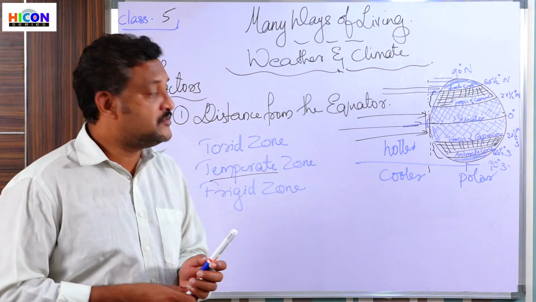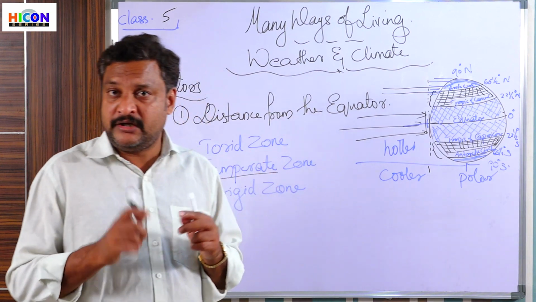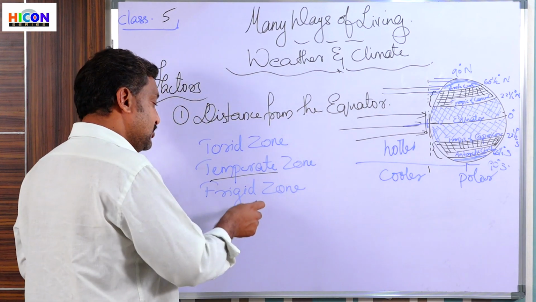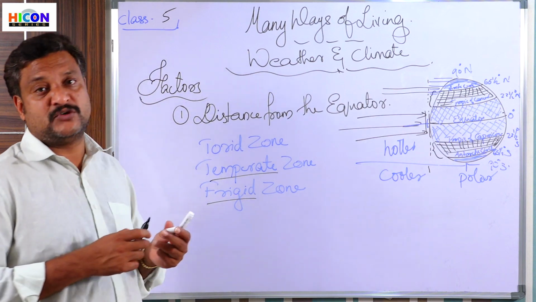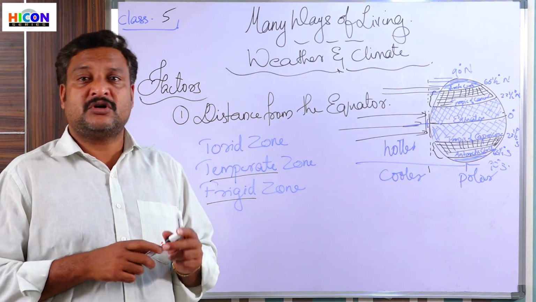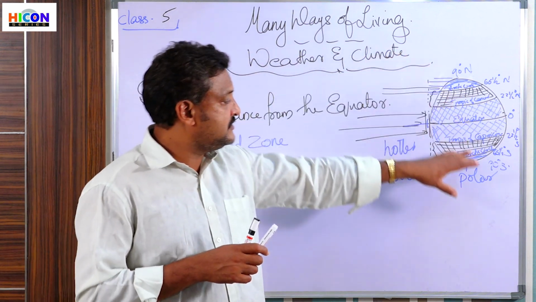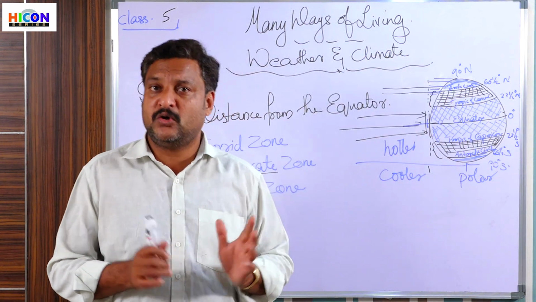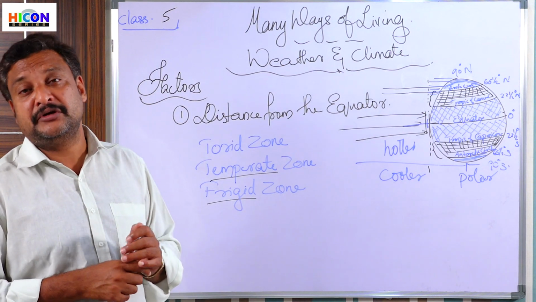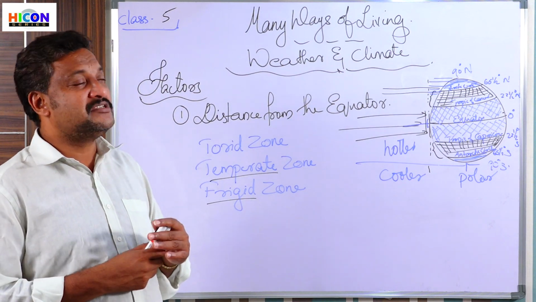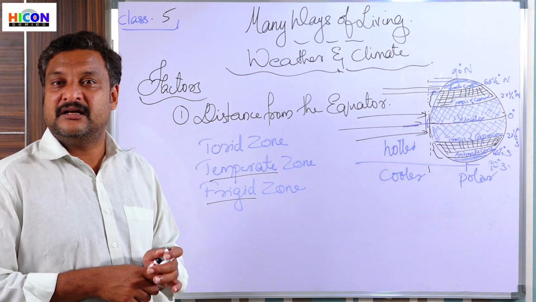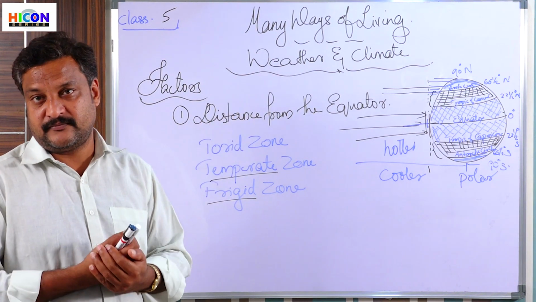Those regions are known as the frigid zone. The coldest regions around the north and south poles are known as the frigid zone because they do not receive much sunlight and are very cold.